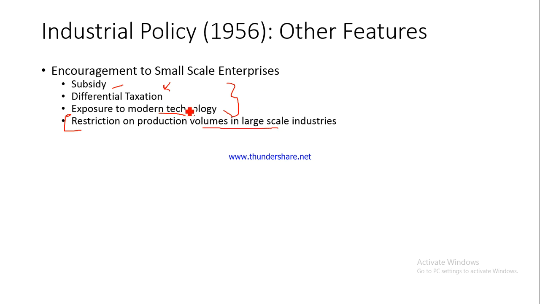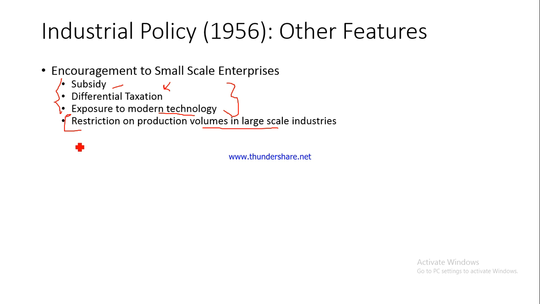Now this was where government restricted even those large scale enterprises which were actually being run very, very efficiently. So these were the positive aspects. They were only talking about encouragement, and this was basically restricting the large scale industries. So these were the aspects of the industrial policy which probably cannot be considered to be very, very positive, right?